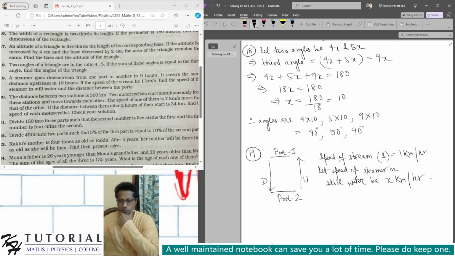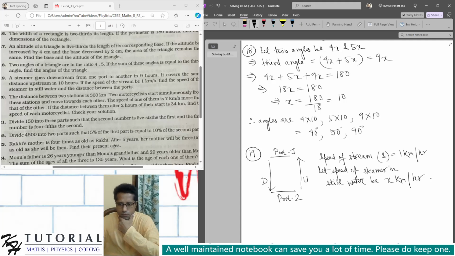Now downstream means when the steamer is going from port 1 to port 2, it is moving along the direction of the movement of the stream. And when the steamer is going from port 2 to port 1, it is going against the stream. Okay. We have to find the distance between the ports and the speed of the steamer in still water.